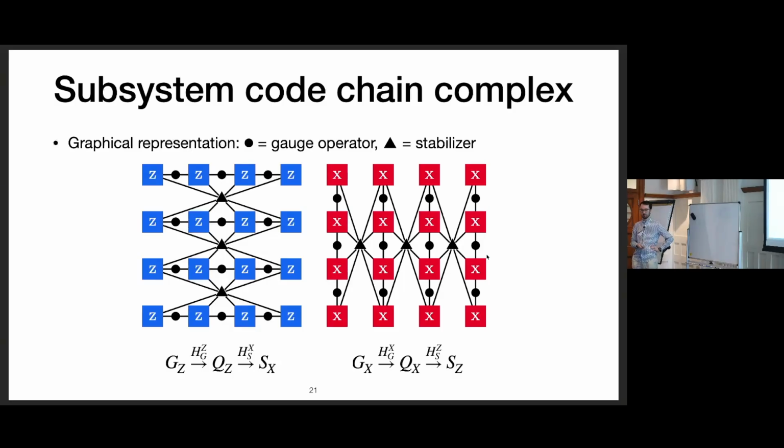It's trivial, but... Oh, okay, I think I see what you're saying. Yeah, if I make the gauge group abelian, then I can always do it, that's right. So every chain complex does correspond to a subsystem code, but some of them will be trivial, where there's no additional structure, it's just a stabilizer code.